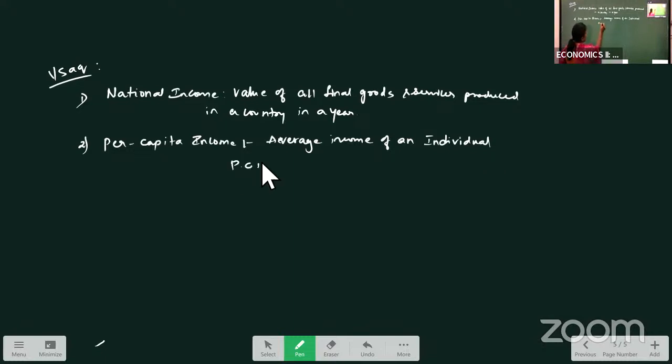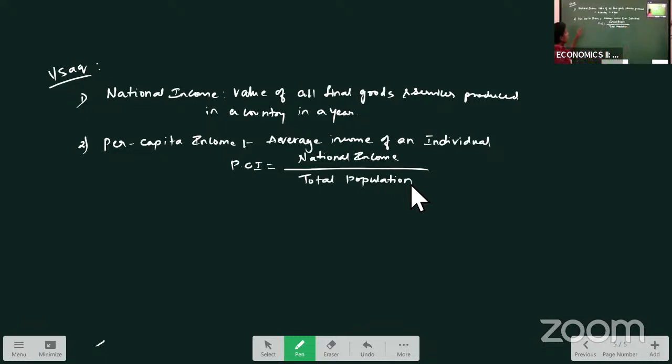So per capita income is the average income of an individual in a year, calculated as national income by total population.